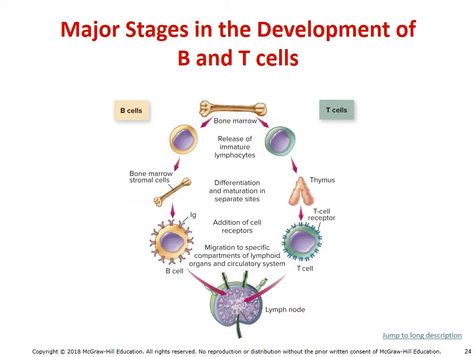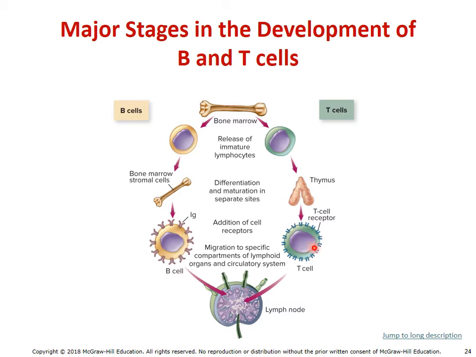So we see the exact illustration of what we just talked about. Notice again the production of the lymphocytes happens in the bone marrow just like all blood. But then again, the lymphocytes need to go mature in their maturation places. Again, B cells mature in the bone, T cells mature in the thymus.